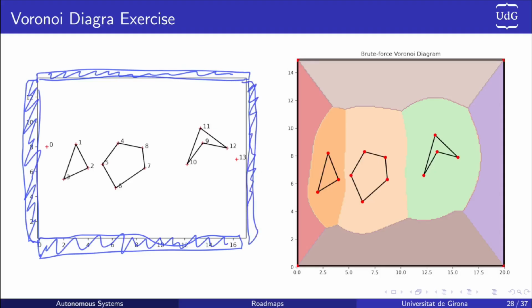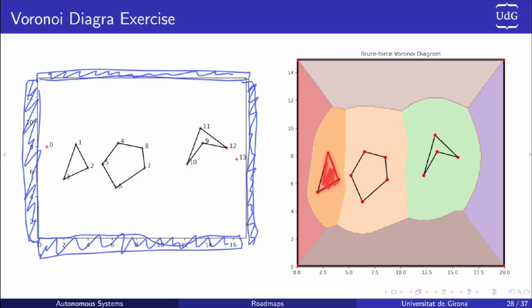In this way, I don't have only 3 obstacles in my environment, I have 7, okay? And then for each region, all this region here, the closest obstacle they have is this edge here, the top edge. However, for all the points here, the closest obstacle is this one.